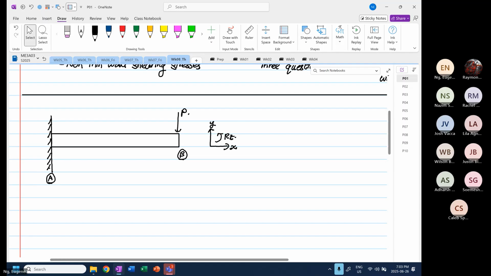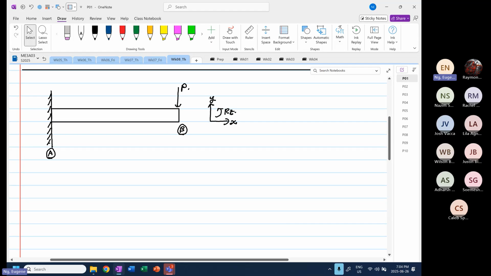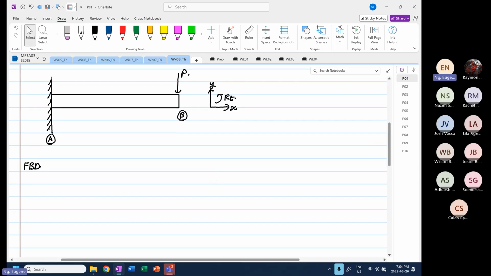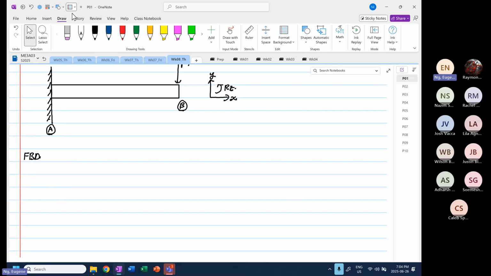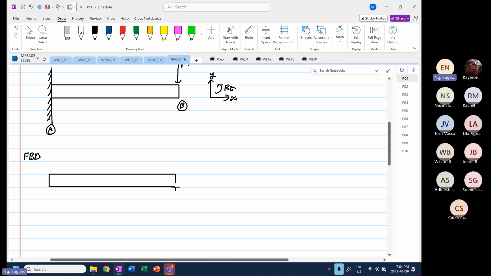Okay, so when we have a structure like this, I'm going to sketch our free body diagram now. Our free body diagram will look like this. So we have our beam, and we use static analysis.